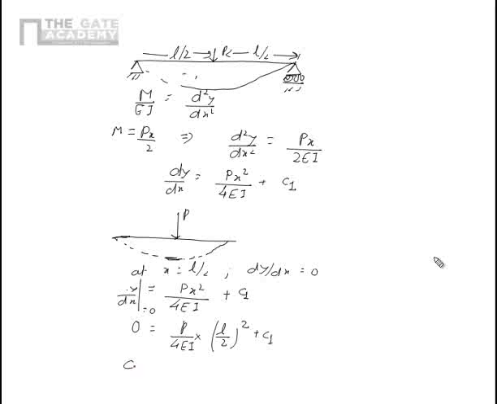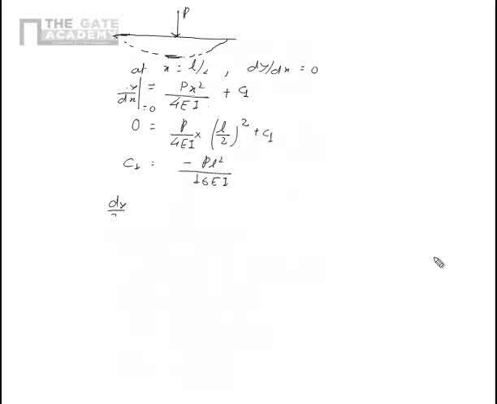So I get C1 is equal to minus PL square by 16EI. Now I just put the value here in the equation. I get dy by dx is equal to P upon 4EI x minus PL square upon 16EI.